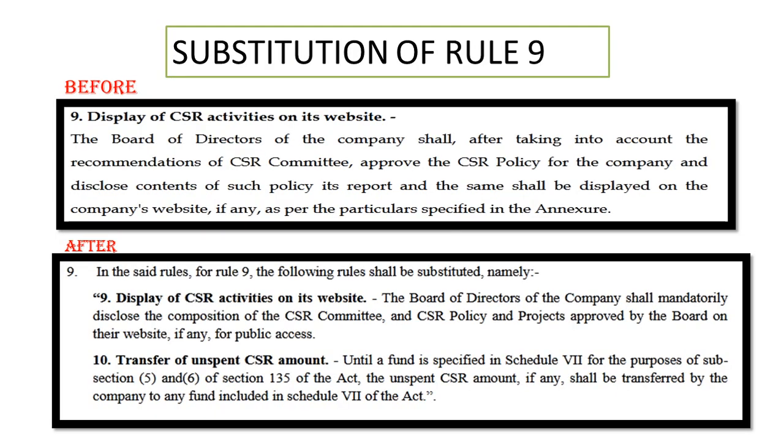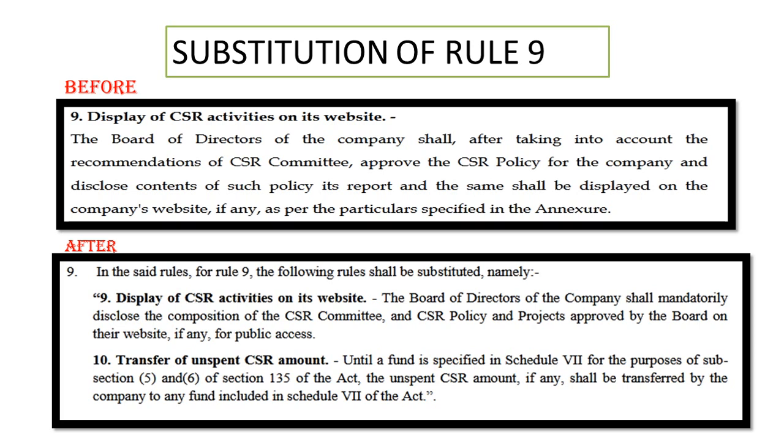Rule 9 is also substituted. Earlier also it was about display of CSR activities on its website, and the same is continued. So the company shall mandatorily disclose the composition of the CSR committee, CSR policy, and projects approved by the board on its website for public access.